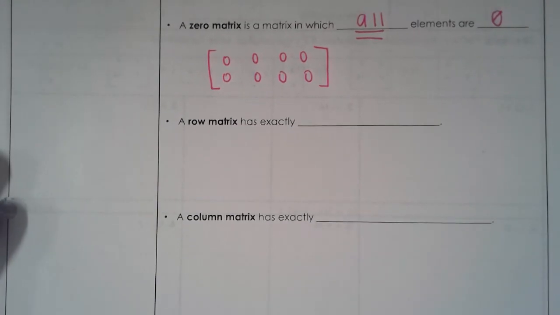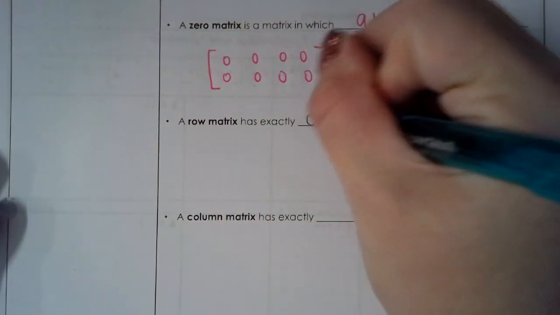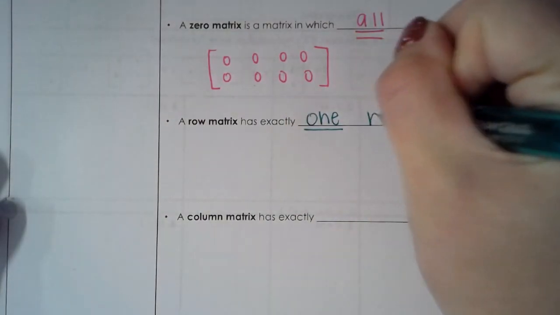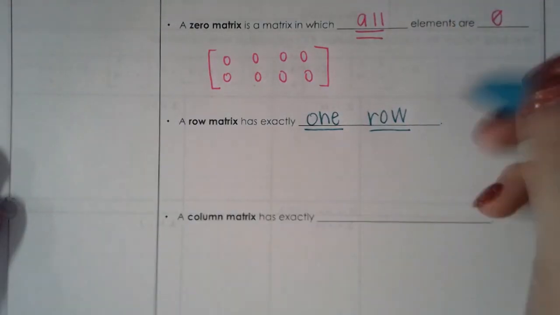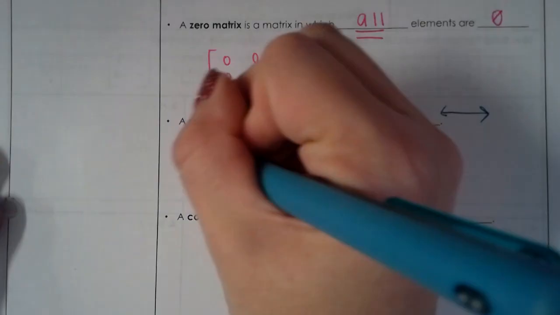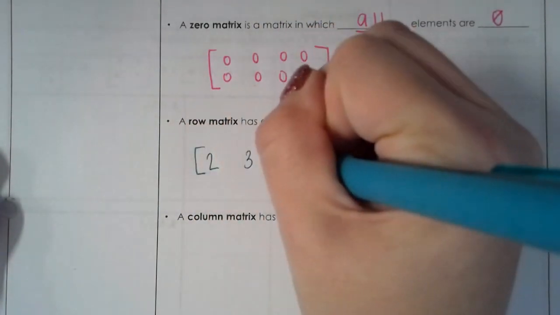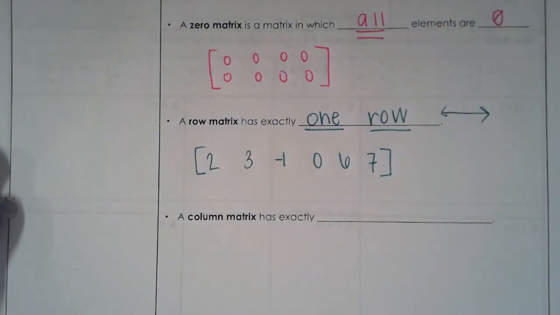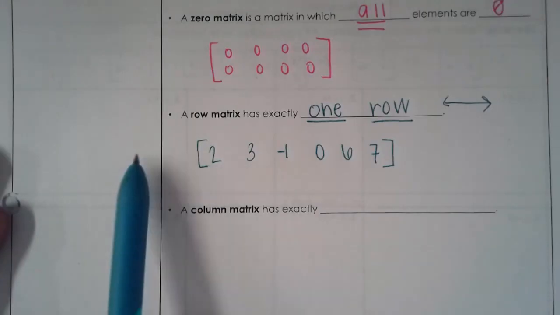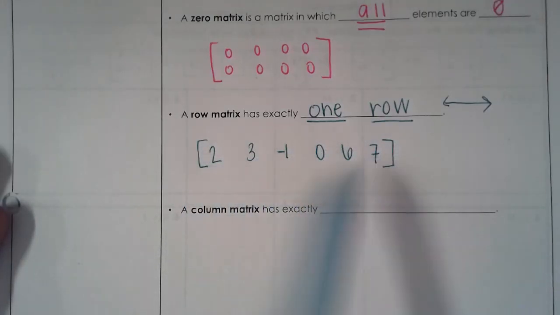A row matrix has exactly 1 row. And rows go this way, so it's just a long matrix. I'm just making up numbers. That's a row matrix. This is a 1 by 6.